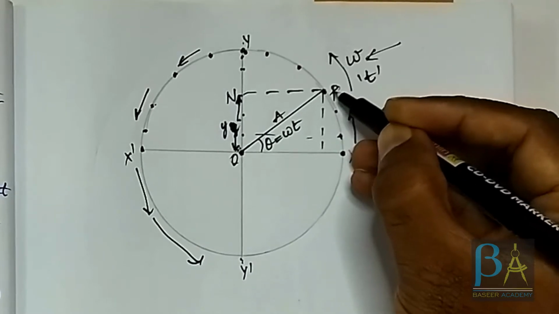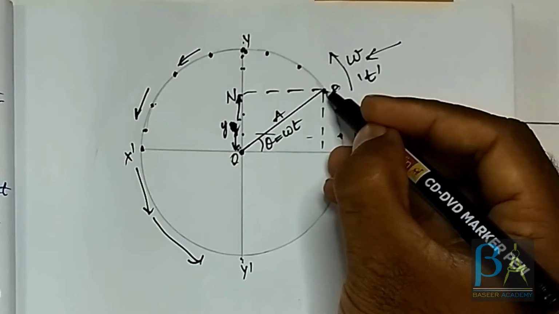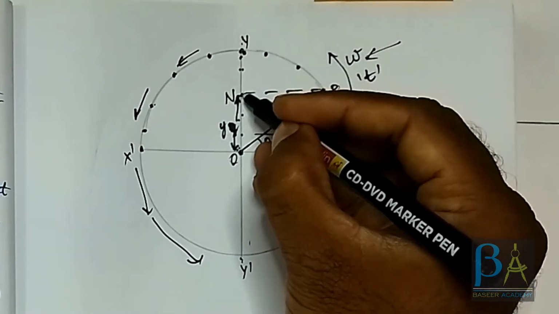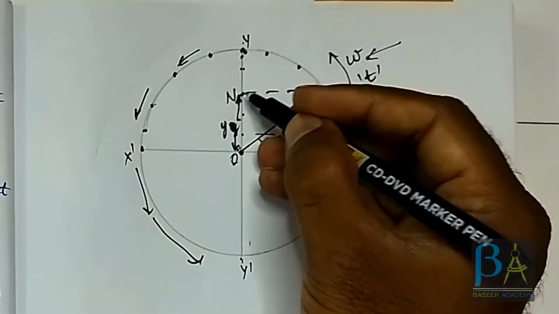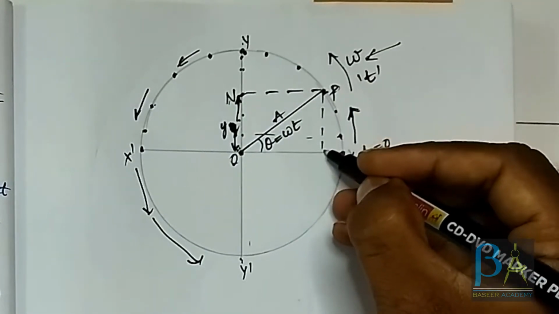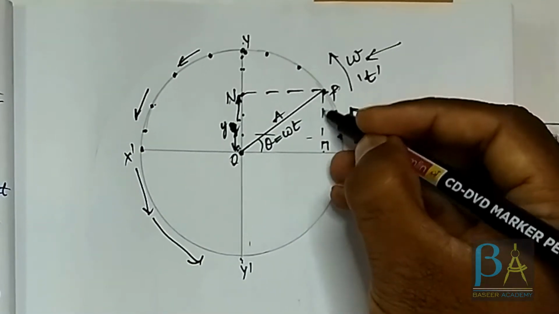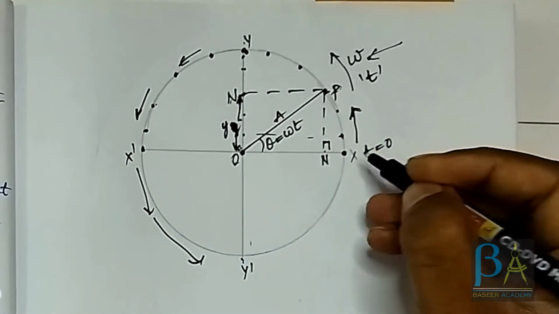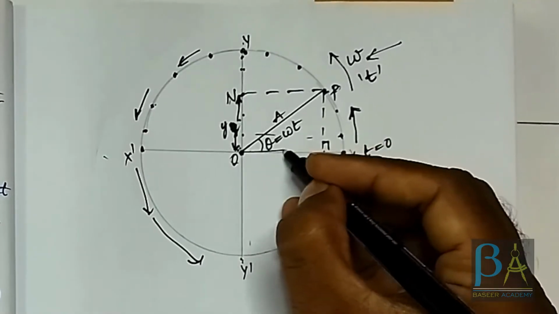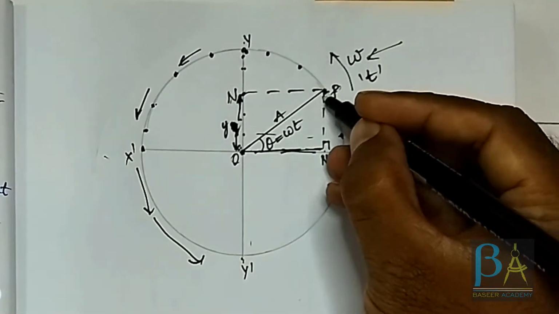Let us name this P, and let us take the projection of this particle P along the diameter y dash. Let us say the projection on y dash of the point P is some N, and let me also draw a line here, and then let's say this line meets the diameter xx dash at some point N. I'm just trying to complete a triangle here.